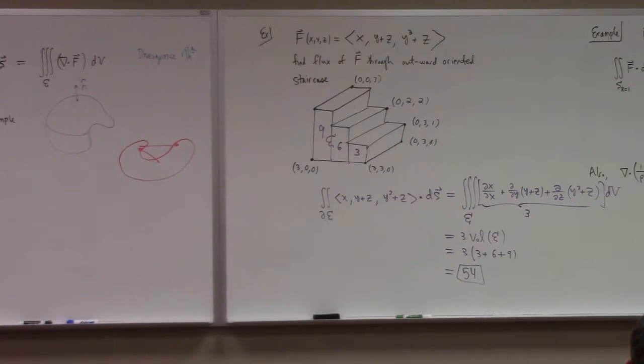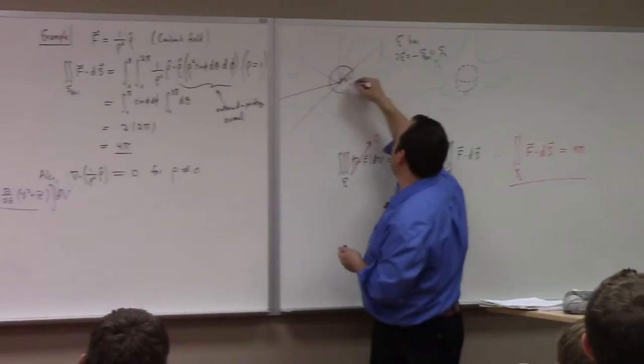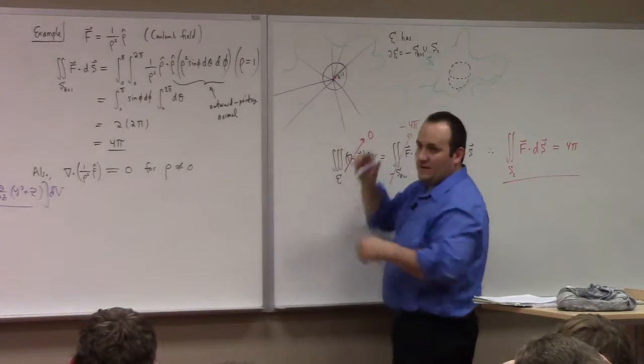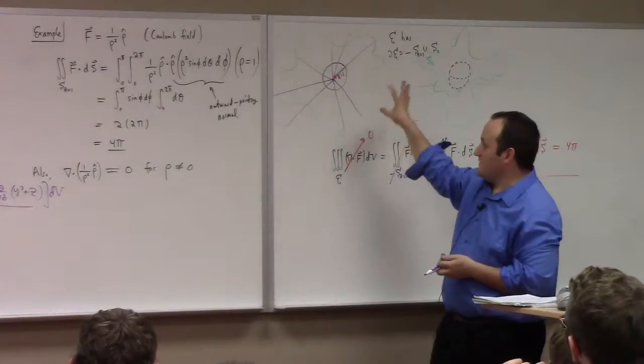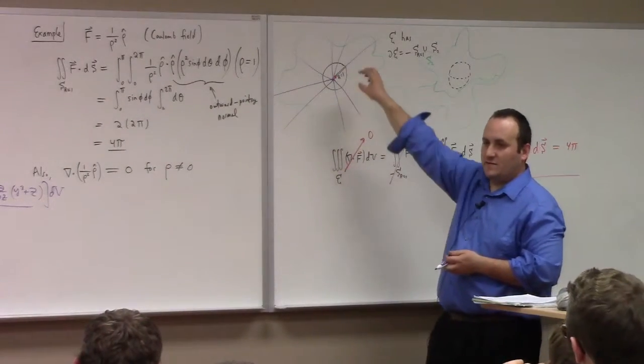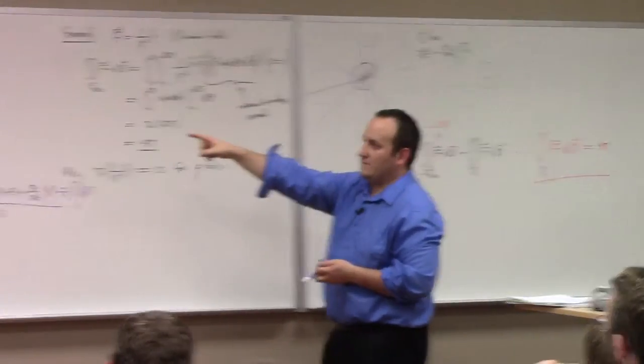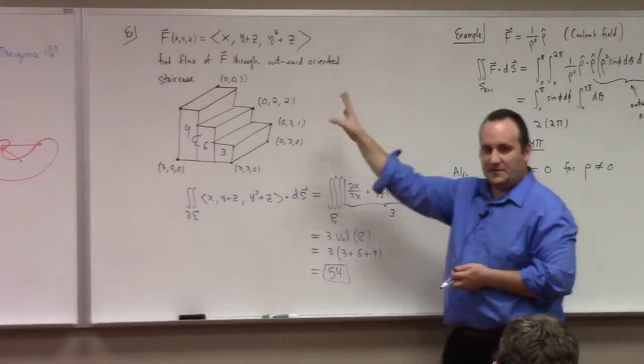It's easy to picture the Coulomb one. Where are the field lines coming from? They're coming from the origin. They just go out like that. So whatever line cuts through the inner circle cuts through the outer surface just the same. And the number of field lines is conserved because the divergence is everywhere 0. Whatever field lines you start with at the origin, they just spread out. That's the Coulomb field. This thing is very different.